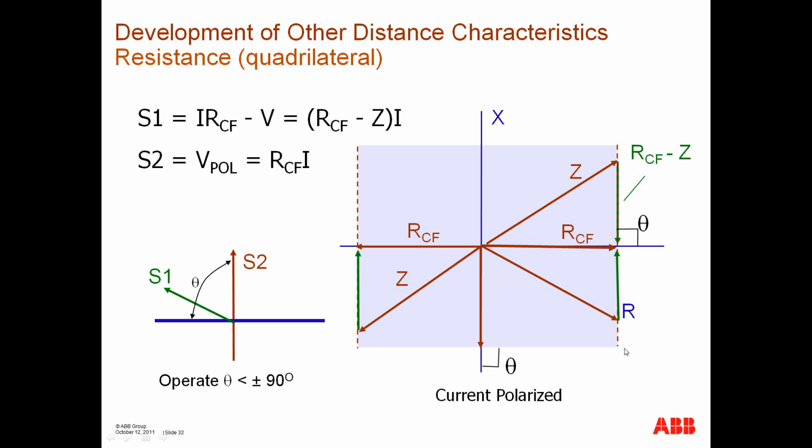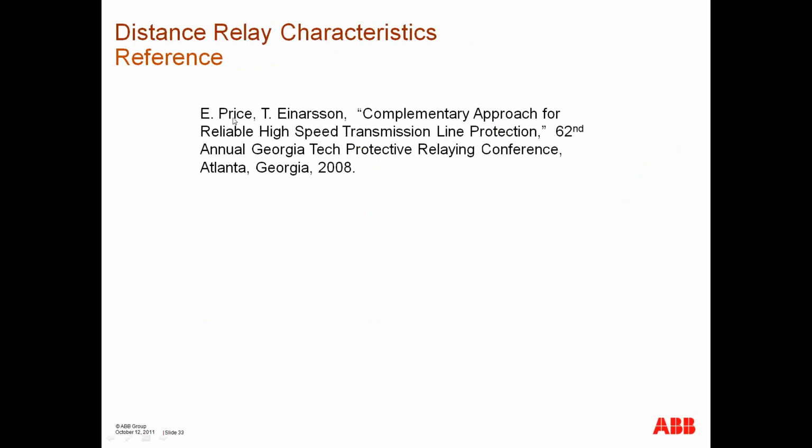Again, so directional supervision, and when you put those together in a quadrilateral characteristic, you will see that they need to be directionally supervised. Another reference that gets into more mathematics of the computation that's done in modern relays is addressed in this reference.